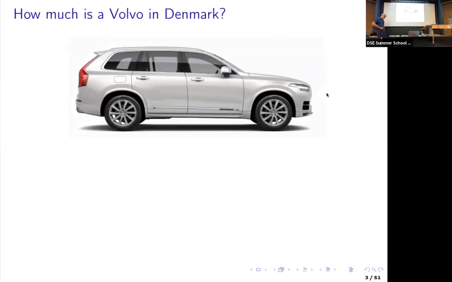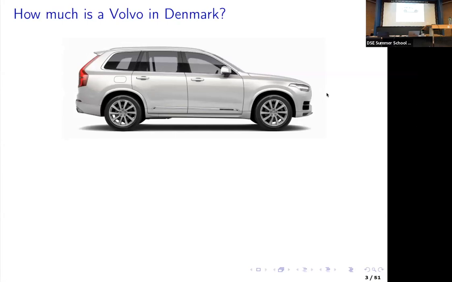Okay, so let's talk about Denmark. We're going to use Danish data. So the question is, how much is a Volvo in Denmark? This is the Volvo XC90. It's a little bit older picture, okay? But at the time, it's supposed to be new. It got the whole 9 yards, leather, massage seats, and everything.